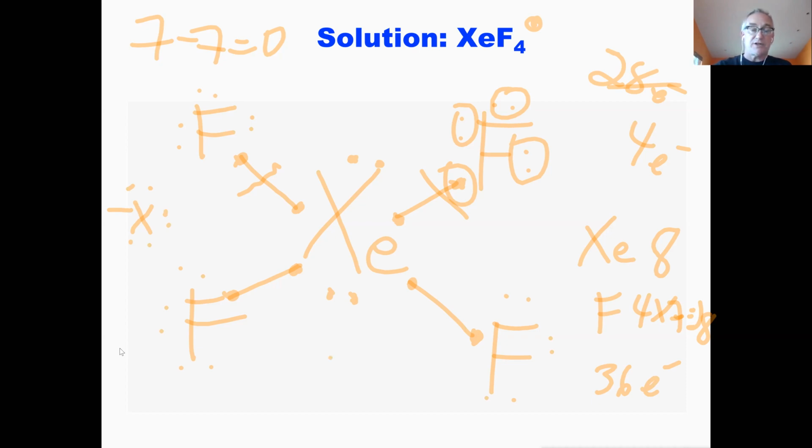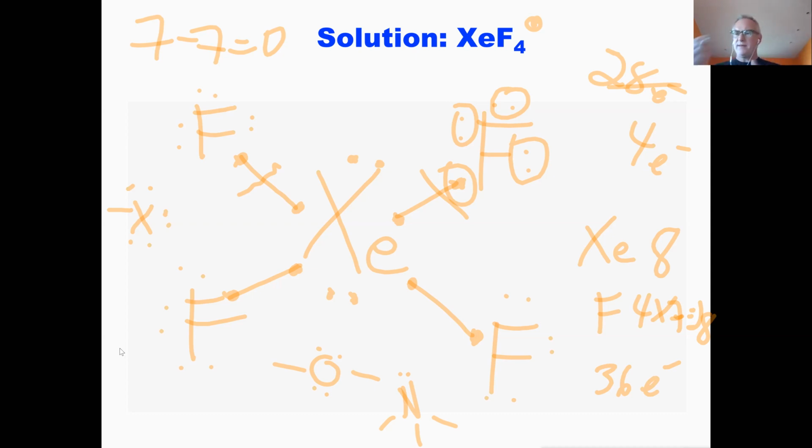Anytime you see an oxygen with 2 lone pairs and 2 bonds, that's not charged because it has 4 in the lone pairs and 2 in the bonds for a total of 6. It's not charged either. That's 6 valence electrons like it should have. And same with nitrogen. Nitrogen will have 1 lone pair and 3 bonds. That's 5 valence electrons, which it should have. And so it isn't charged either.